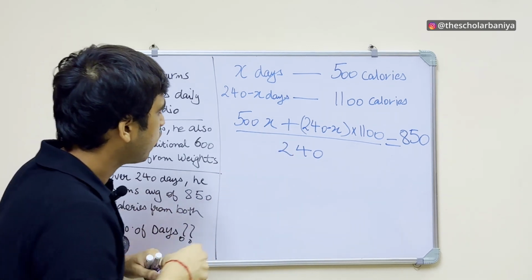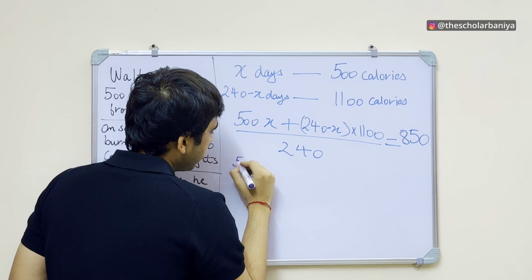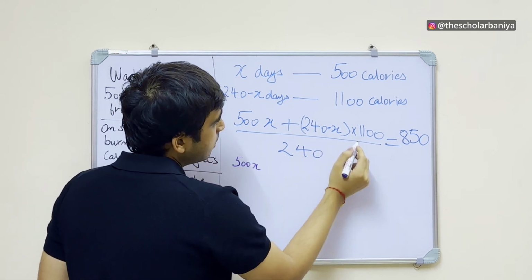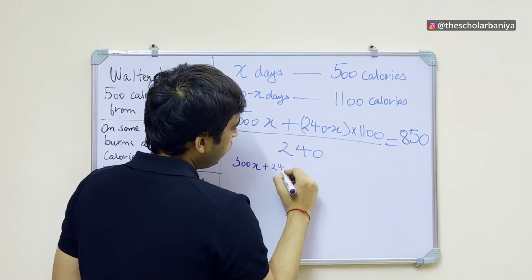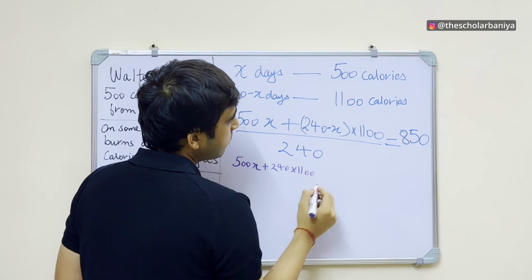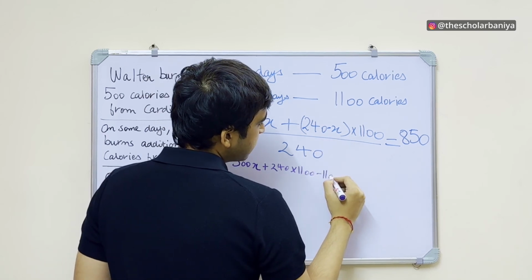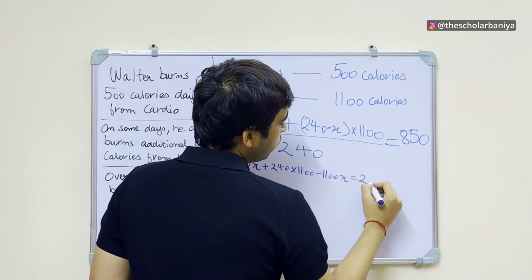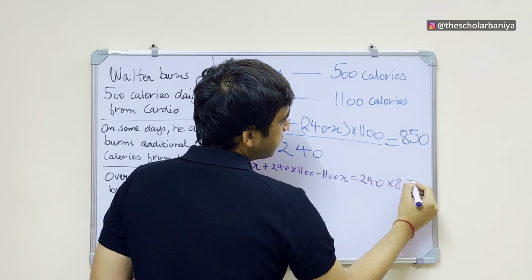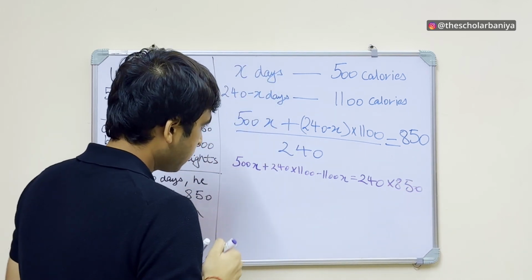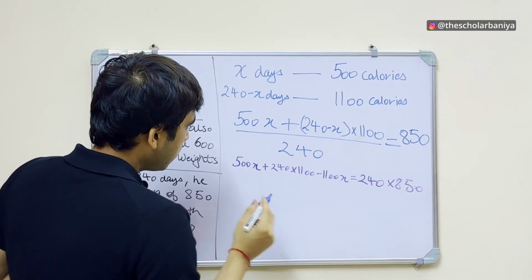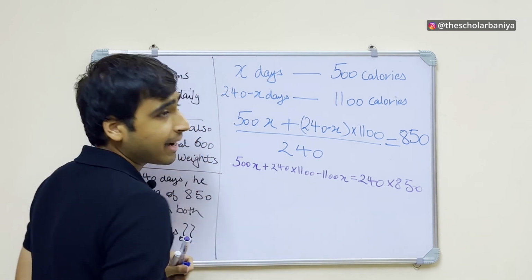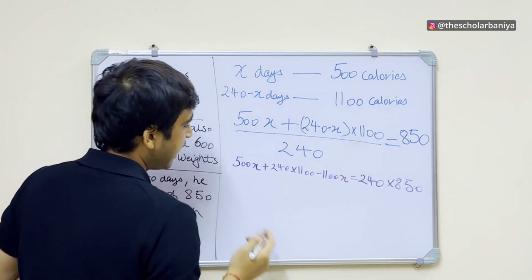So if you want me to solve, this becomes 500x plus 240 into 1100 minus 1100x is equal to 240 into 850, right? So 500 minus 1100, this is minus 600x, so it will go that side.